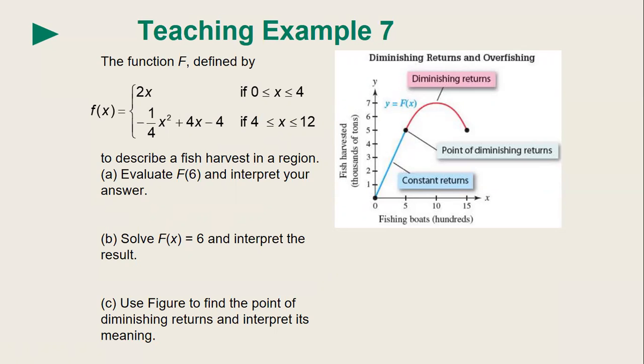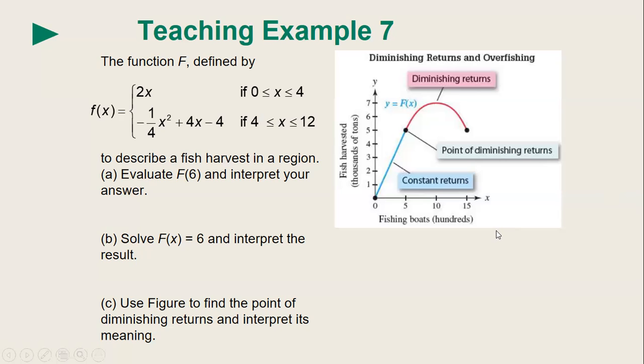Does that make sense? Okay, so if you look here, it says that this graph represents diminishing returns and overfishing. So the more fishing boats, the more fish that was harvested, right? But as you can see here, something caused that to change. They over harvested, and then what happened?